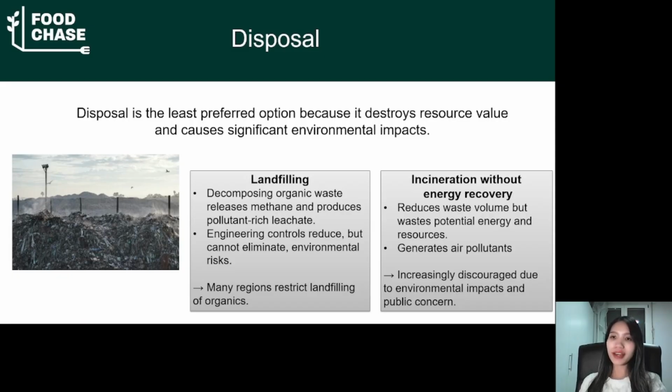The other option is incineration without any energy recovery. With this practice, we can reduce the waste volume, but the potential energy and resource are wasted. It also generates air pollutant, so it is discouraged increasingly due to environmental impact and public concern.